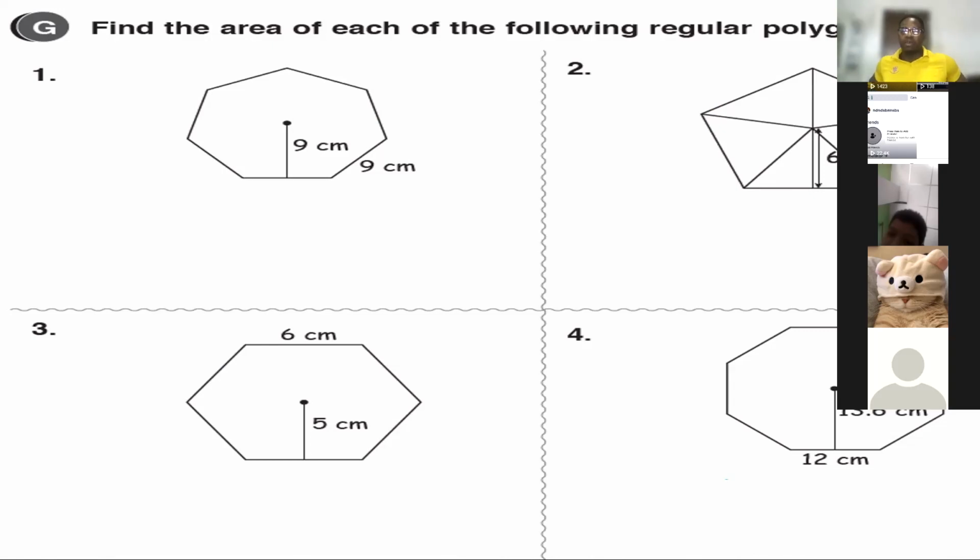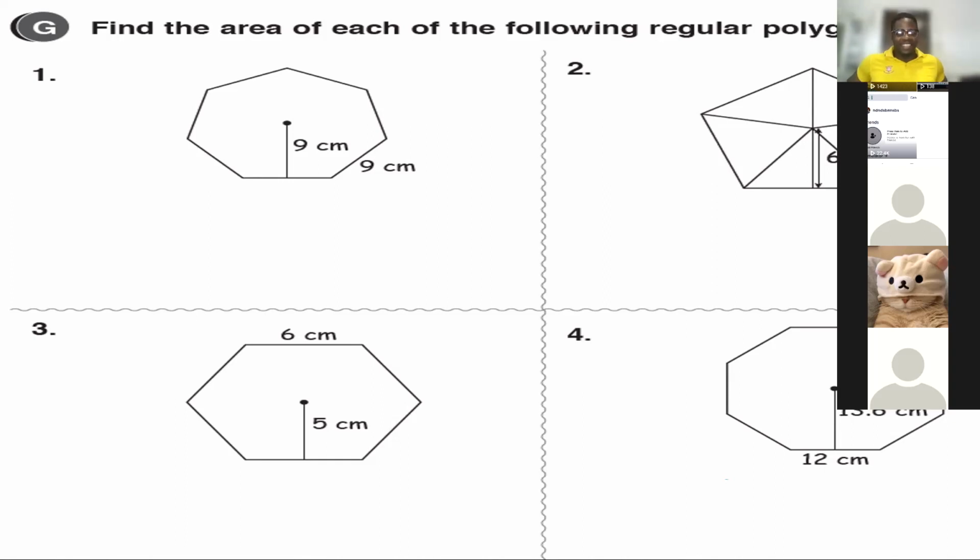First, Mr. Syrup Pop, how many sides does polygon number 1 have? 7. That's a heptagon. So what do you do? What's the area? 1/2 multiply 7, multiply 9, multiply 9.